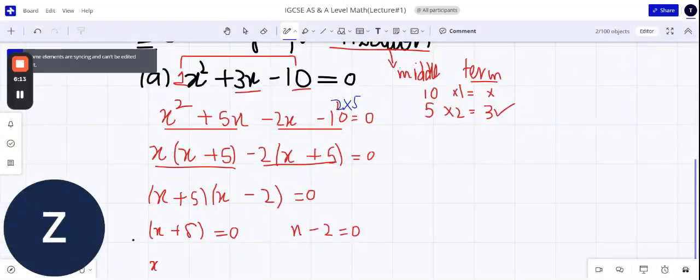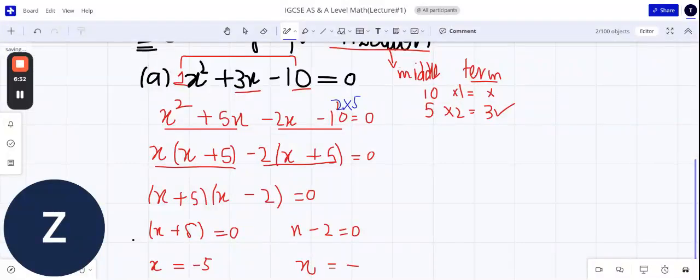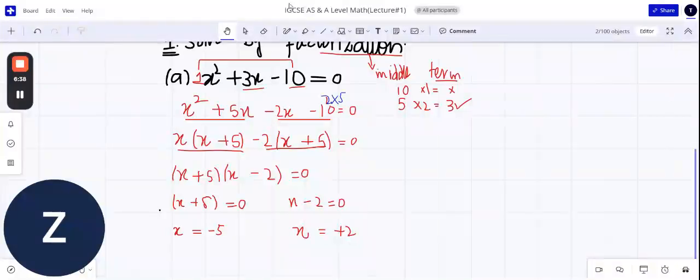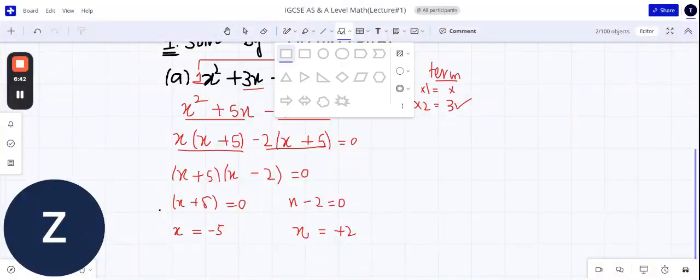Whenever you shift a positive value to the other side of the equal sign, the positive sign will change into negative. It would be minus 5. But whenever you place a negative sign value on the other side, it would be positive. So we got the two solutions of the given equation, minus 5 and plus 2.